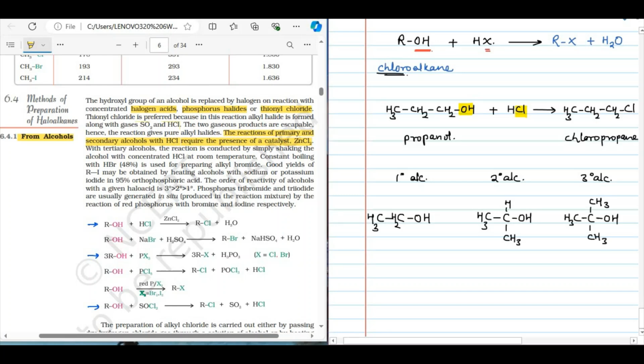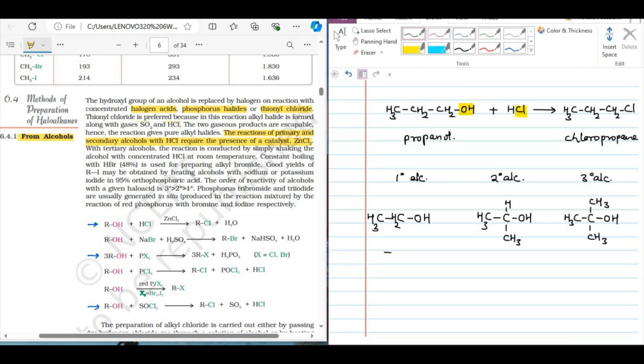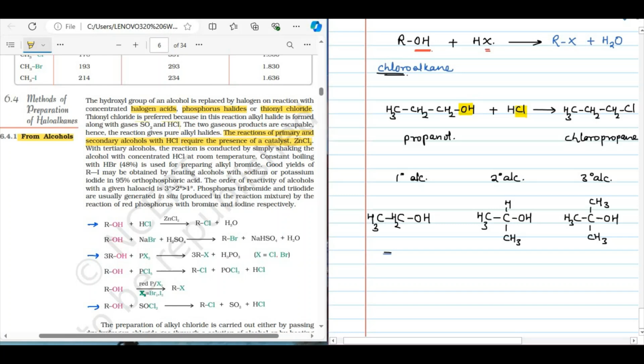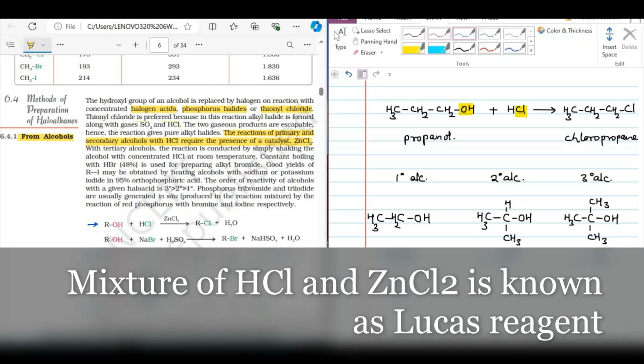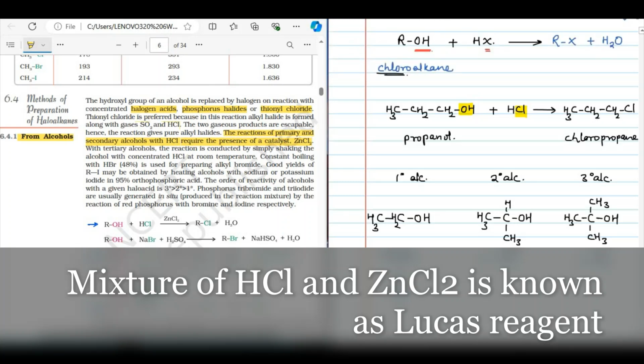As it is written in the book, let's write the reaction of primary alcohol with HCl. This is HCl. When it reacts with HCl, it requires a catalyst. Secondary alcohol also requires a catalyst and tertiary alcohol doesn't require any catalyst.